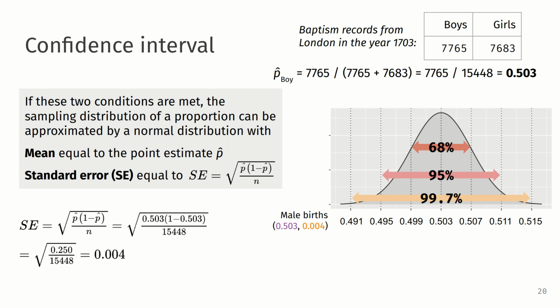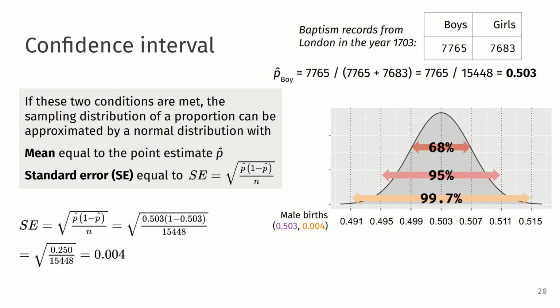So, go down a little bit more, down a little bit more. And here we go, up a little bit, up a little bit, up a little bit more. And what this represents is basically the different ways that these baptism records could have turned out.